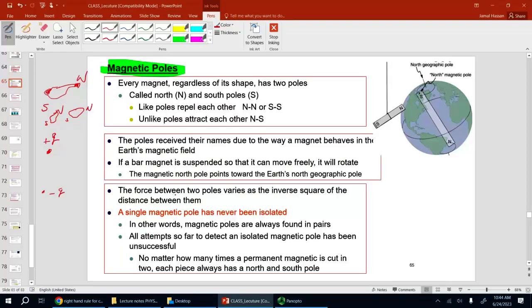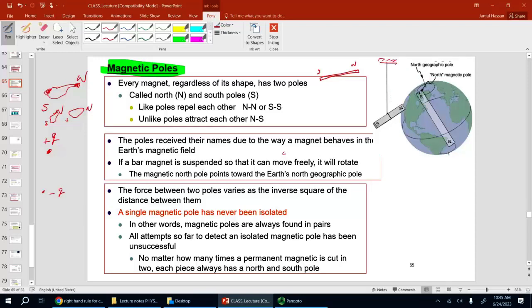So if you have any needle like a compass, and any compass, if you study it, it's always, one side we call it north, one side we call it south. The name north and south simply came because when you have a compass, such as this compass here, it's suspended in the air on our planet.